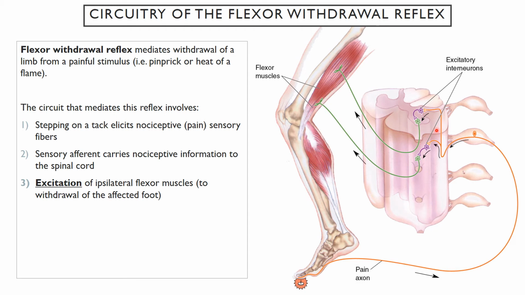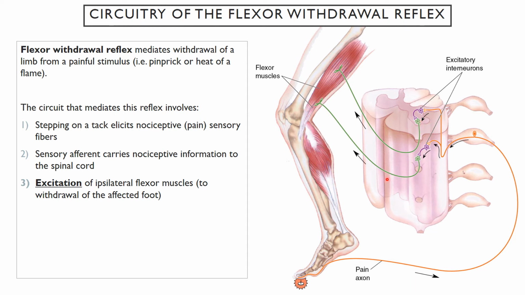If you look at this cross section of the spinal cord, it's synapsing onto these excitatory neurons that live in the more medial portions of the dorsal horn. And these are local excitatory neurons. They synapse directly onto motor units that make up the flexor portion of our limbs.